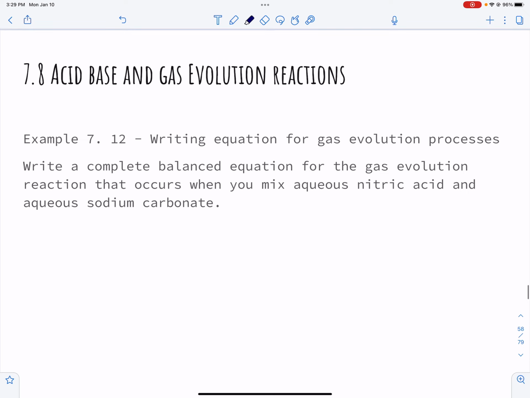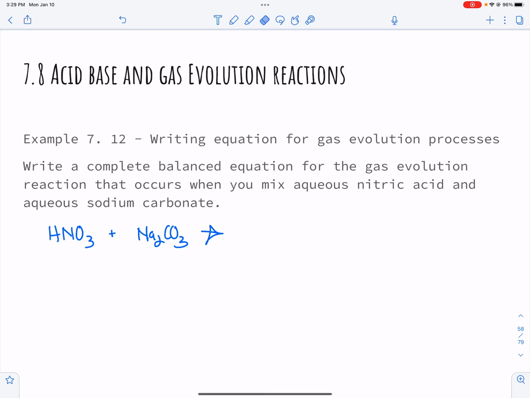Okay, here's another example. Write a complete balanced equation for the gas that forms when you mix aqueous nitric acid, HNO3, and aqueous sodium carbonate, that's Na2CO3. Right?